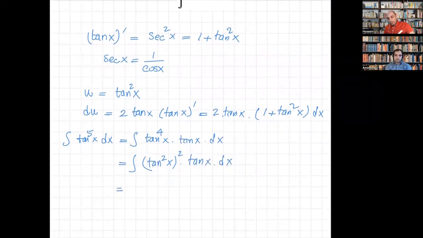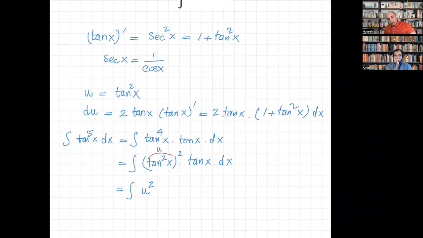As I have up here, u is equal to tangent squared of x, and I have tangent squared of x down here. So I'm going to change the name and use u squared here, because this is u.